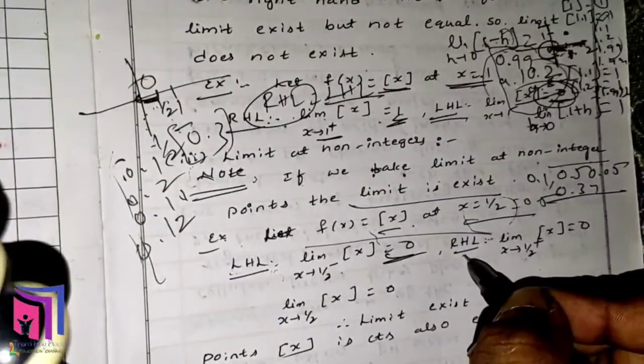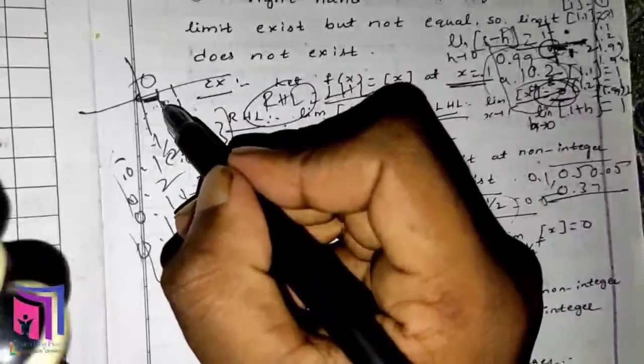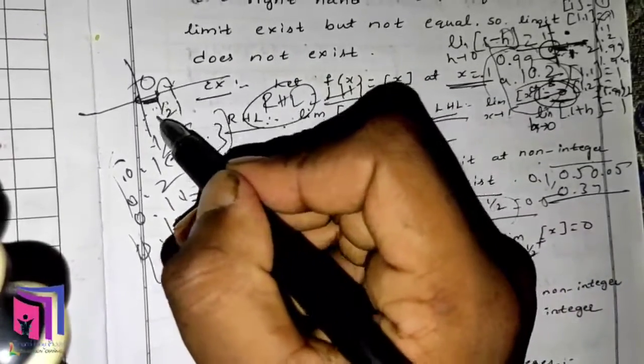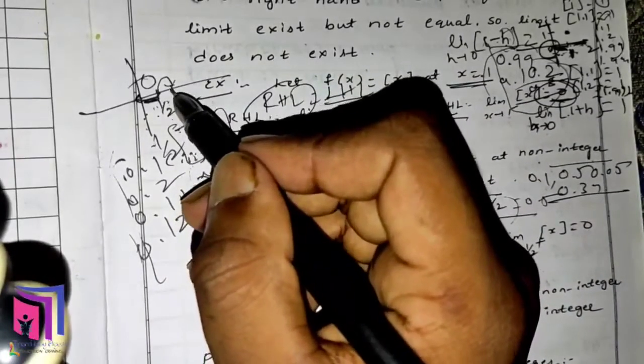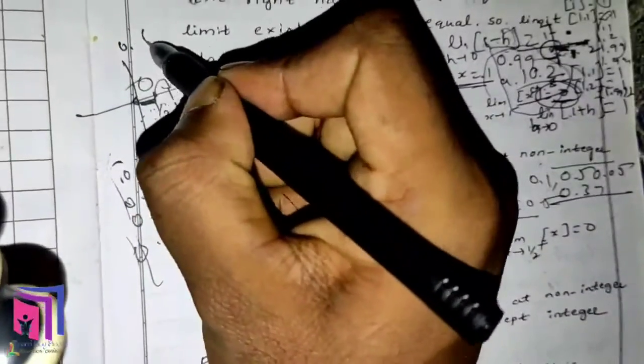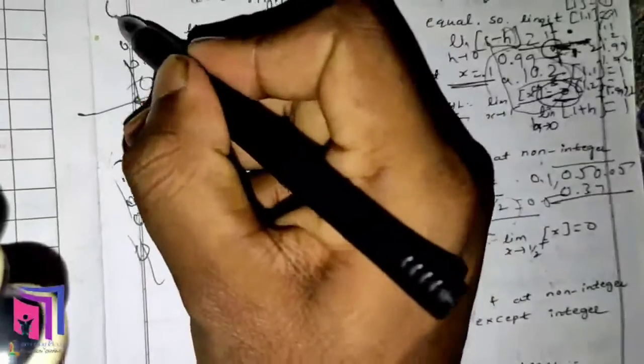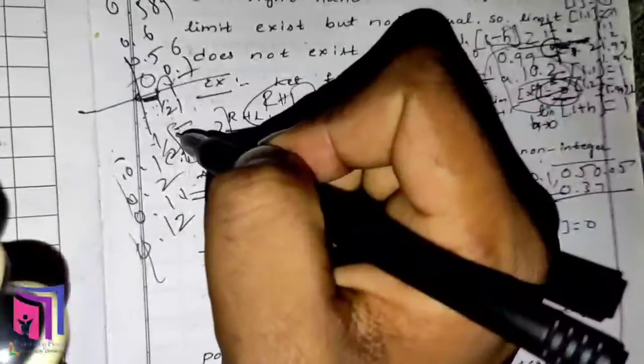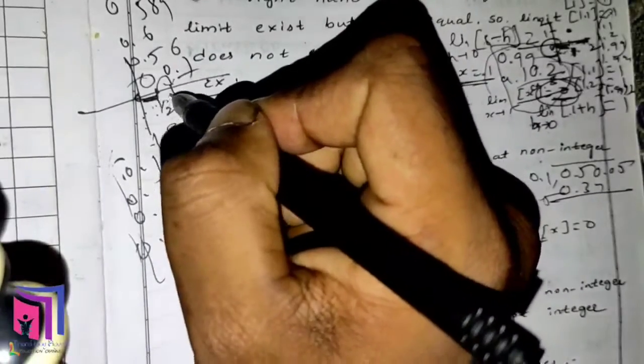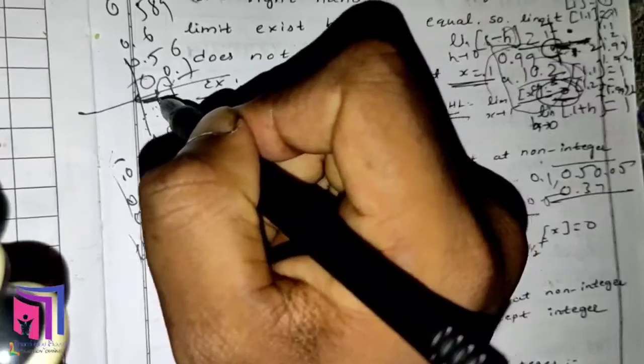And like this, the right hand limit also. See this, all values above 1 by 2. Greater values mean what? We get 0.6, 0.56, 0.589, 0.7. Okay, these all are values greater than 1 by 2. At all these points, the greatest integer we get is again 0 only.